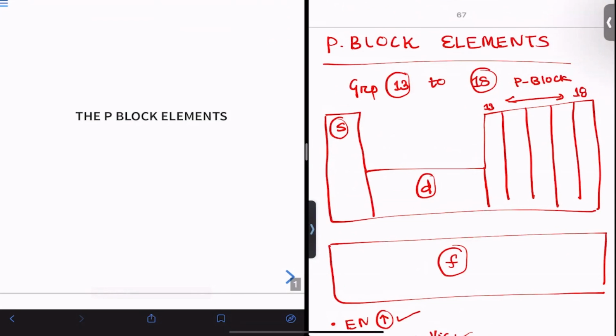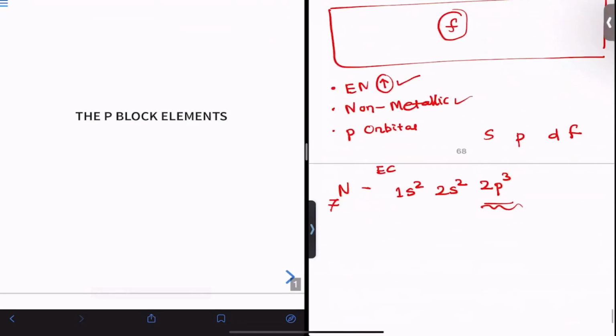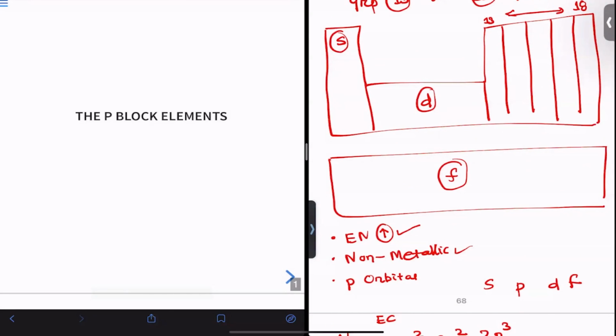And the other properties are, they'll have a high ionization enthalpy. The other properties of p block elements we'll learn in the chapter as we proceed to the questions.